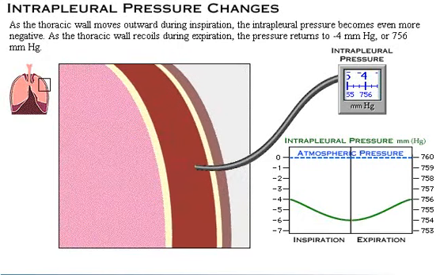As the thoracic wall moves outward during inspiration, the volume of the pleural cavity increases slightly, decreasing intrapleural pressure. As the thoracic wall recoils during expiration, the volume of the pleural cavity decreases, returning the pressure to -4 or 756 millimeters of mercury.